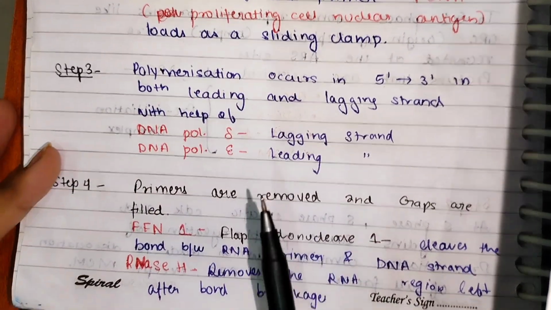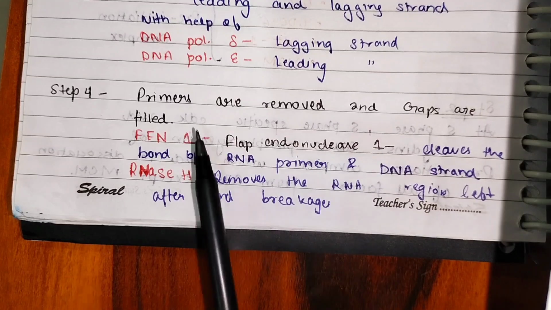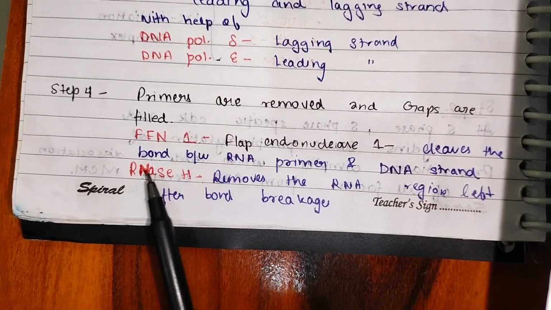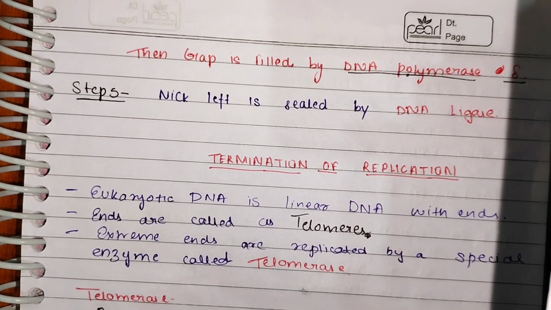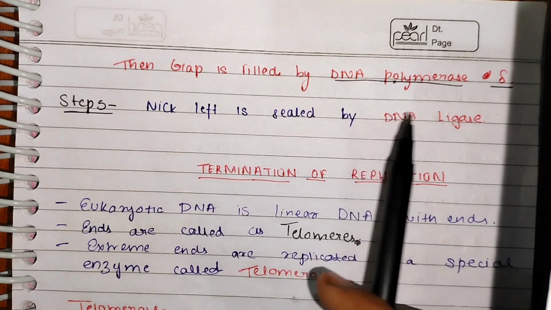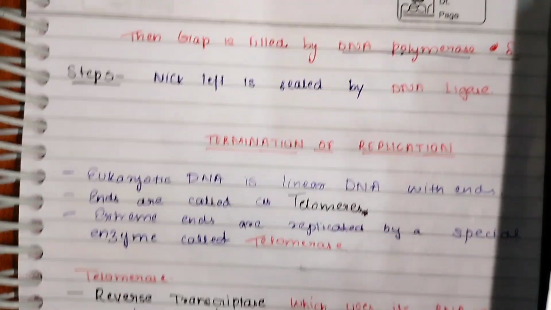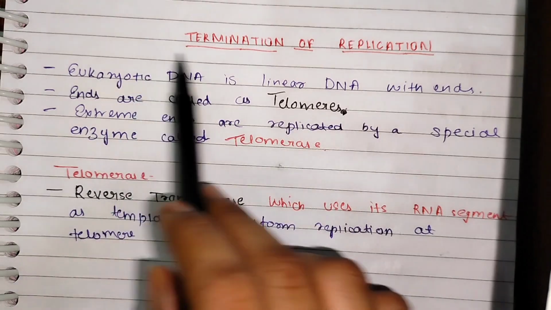Then the primers, which are RNA, are removed and the gaps are filled with the help of FEN1 and RNase H. Now the last step, the nicks which are left are sealed with the help of the DNA ligase enzyme. Now the last step of the replication process is the termination of replication.